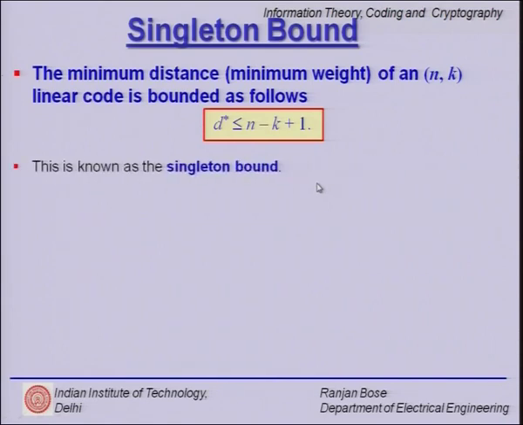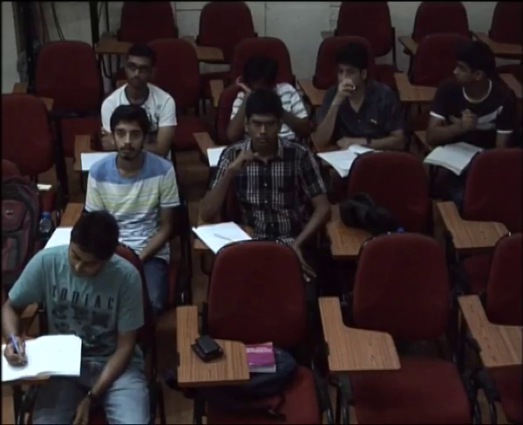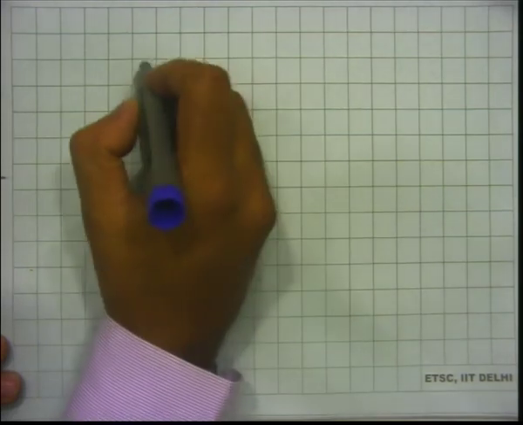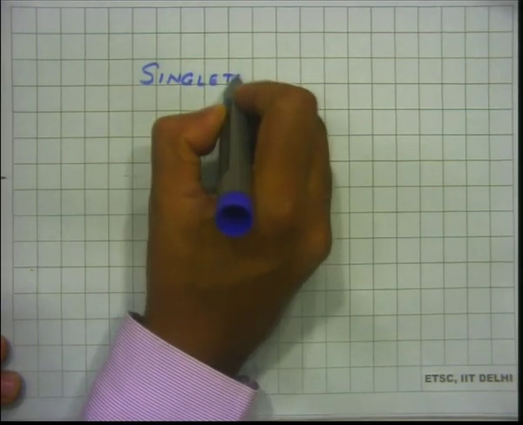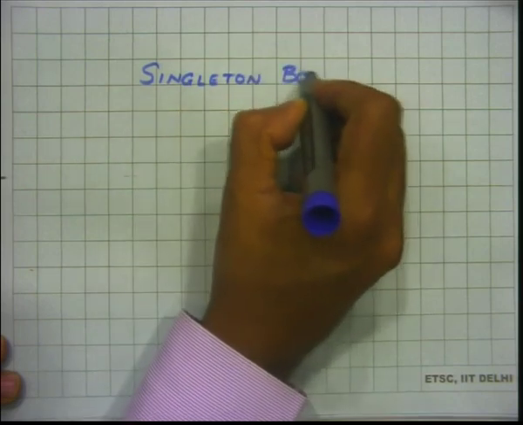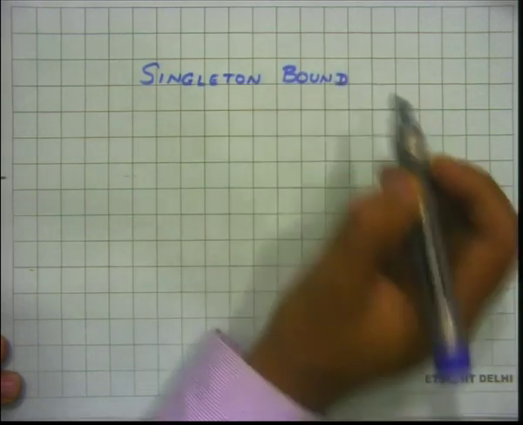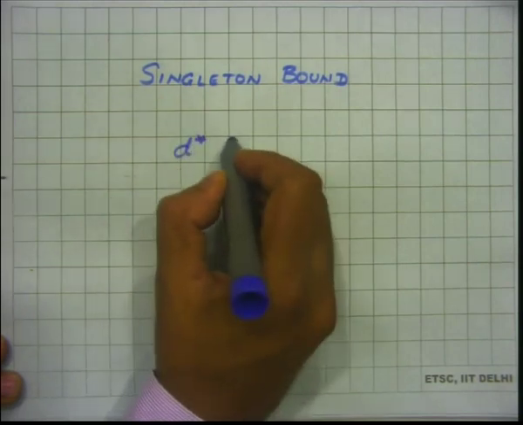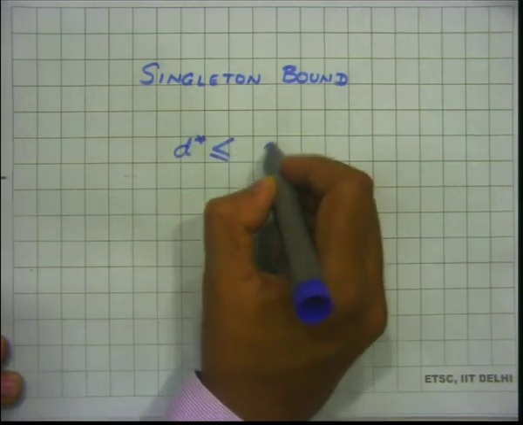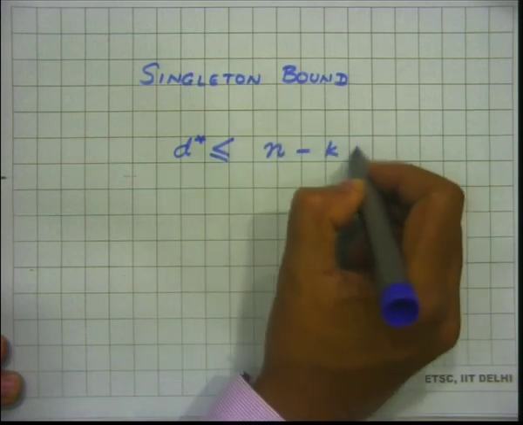This is called a Singleton bound. So, if you just look at it, we have here the Singleton bound, and we have said d star is less than or equal to n minus k plus 1.